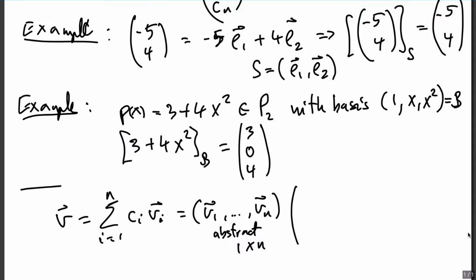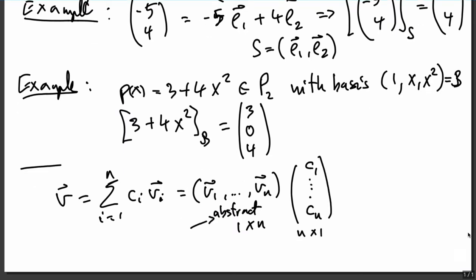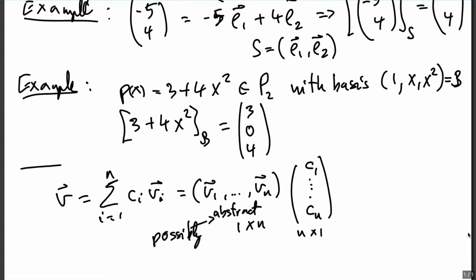And then we have the coefficients, which is an n by 1 matrix. But if you put this together, then we have either a matrix or some kind of vector, depending on what the structure of these V's is. So what we have here is two matrices multiplied together. The first one is really the basis, the V basis, and the second one is the coordinate matrix.